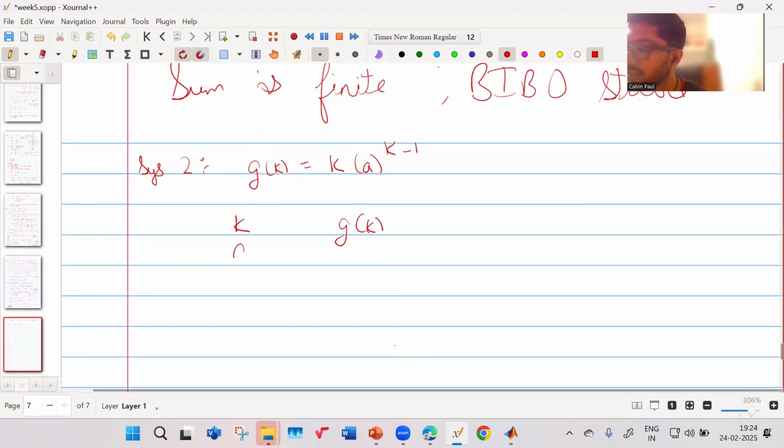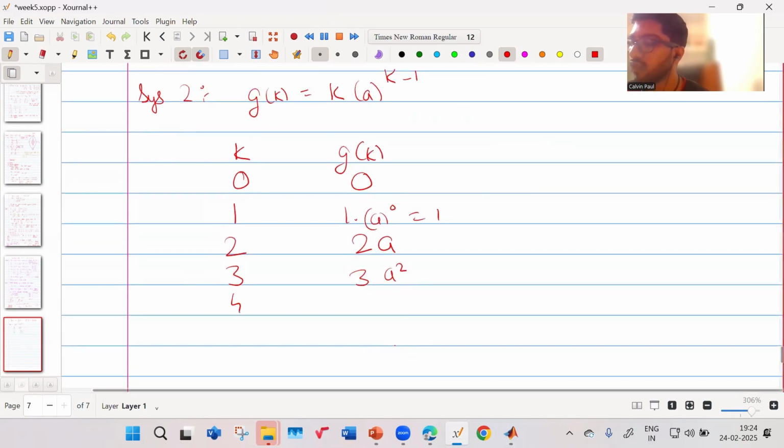When k is 0, the value is 0. When k is 1, it has the value 1 into a raised to 0, that is 1. When k is 2, it has 2 into a. When k is 3, it has 3 into a square. When k is 4, it is 4 into a cube.